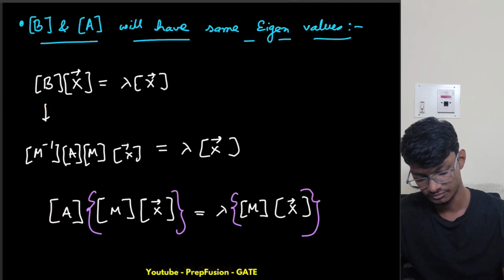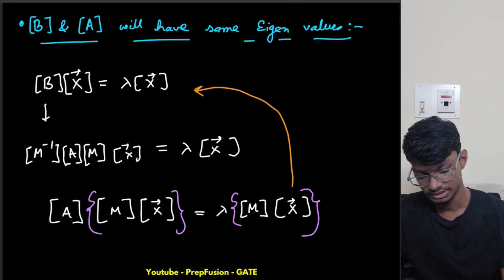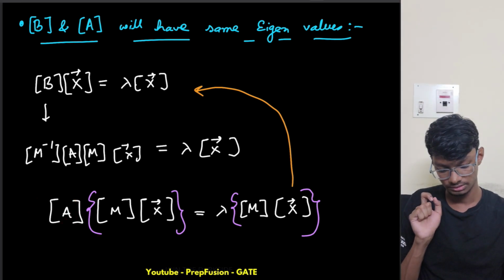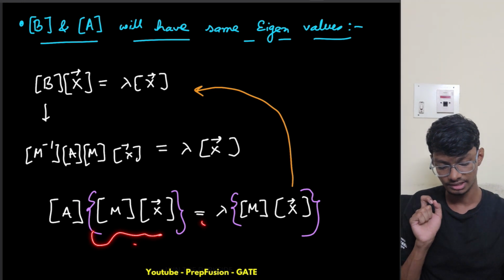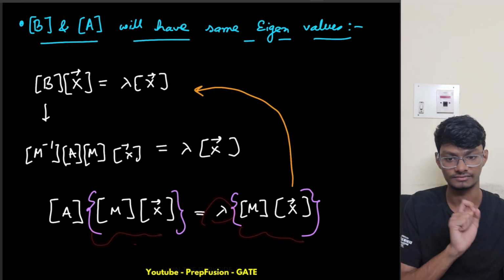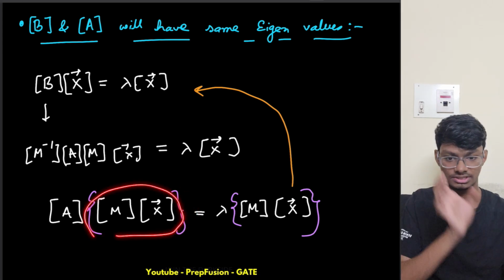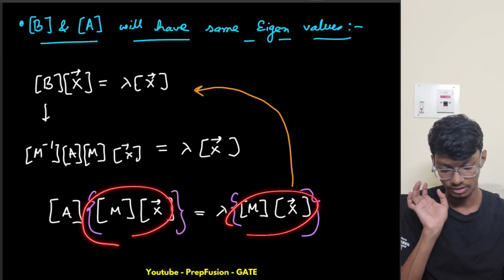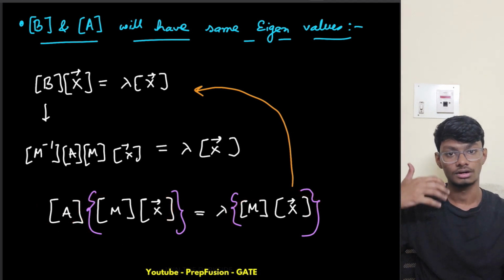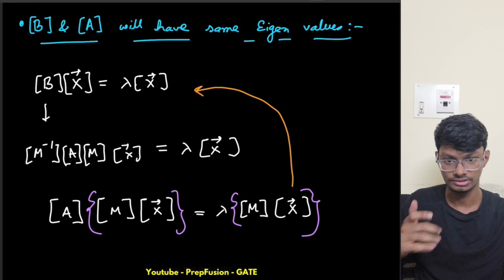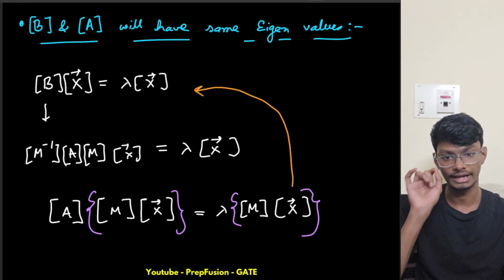From the first equation, I can relate that the eigenvector of A is this one, because this matrix is just scaling it by lambda and we are getting the same vector itself. So the eigenvector has changed for the A matrix, but the eigenvalue is the same. It is lambda only.